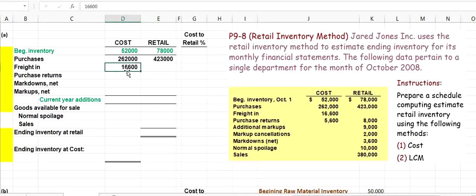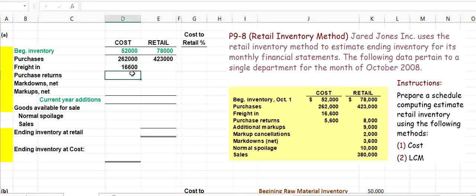Only those things have a retail value which are for sale. The beginning inventory is for sale, so it has a retail value. The purchases of $262,000 are for sale, so they have a retail value also. The $16,600 freight in does not have any retail value because it is not for sale.